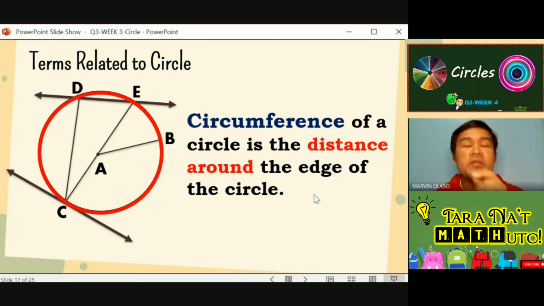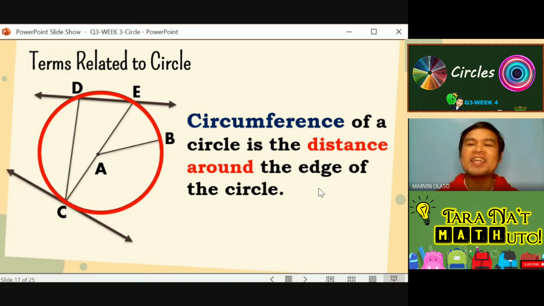Pero since yung perimeter is a distance around a polygon, ang circle naman ay hindi polygon, kaya nagsarili ng pangalan ito si circle. So ang tawag sa distance around ng kanyang edge ay tinatawag na circumference. Pero same lamang, kinukuha rin yung distance, yung isang buong ikot ng kanyang sarili. So we call that circumference.